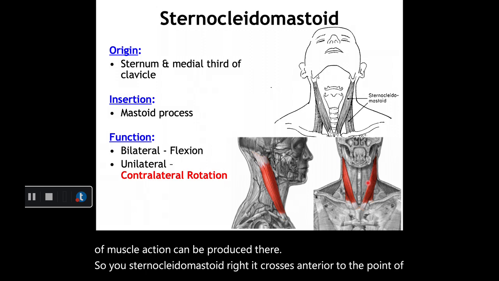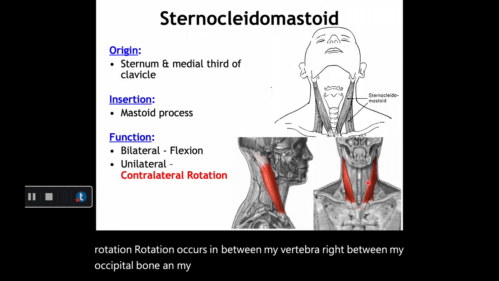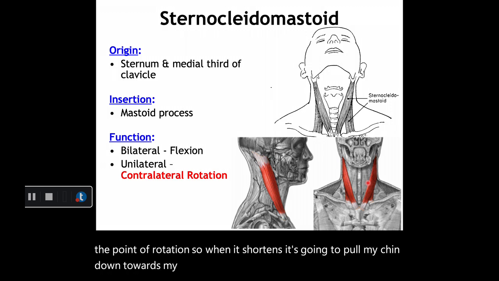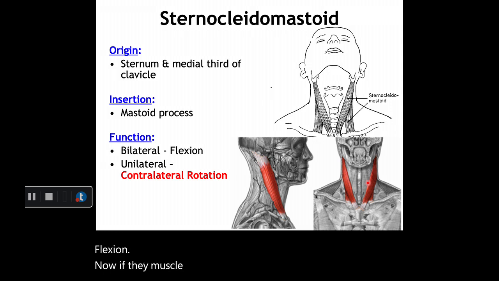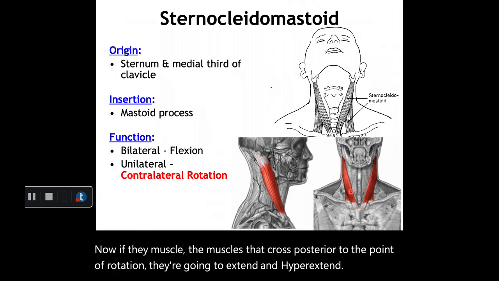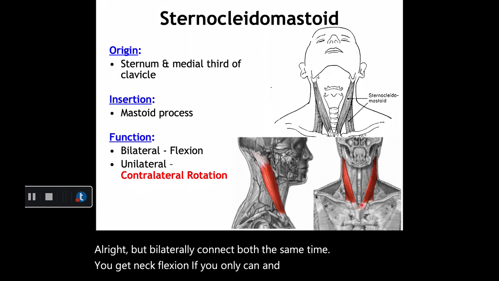Rotation occurs in between my vertebra, right, or in between my occipital bone and my atlas. But the muscle crosses anterior to the point of rotation. So when it shortens, it's going to pull my chin down towards my sternum. That's called flexion, neck flexion. Now, the muscles that cross posterior to the point of rotation, they're going to extend and hyperextend. Right, but bilaterally contract both at the same time, you get neck flexion.